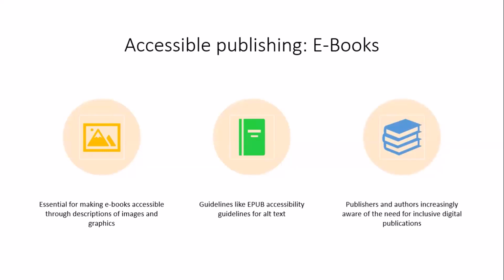Publishers and authors are increasingly aware of the need for inclusive digital publications. We have a lot of guidelines for accessibility, and as per the government regulations also, publishers have to adhere to those regulations and publish all their books adhering to these guidelines.